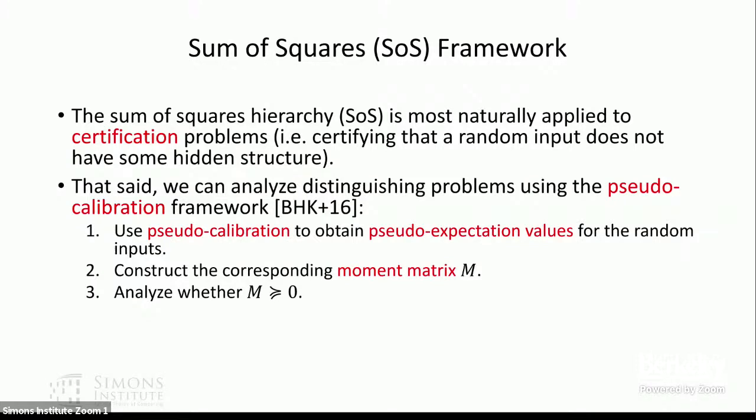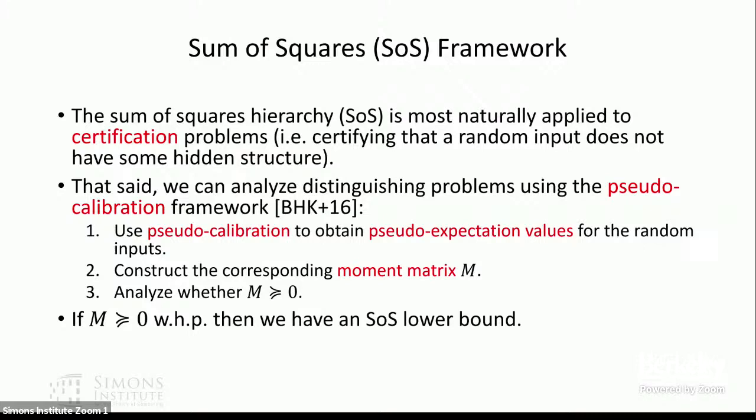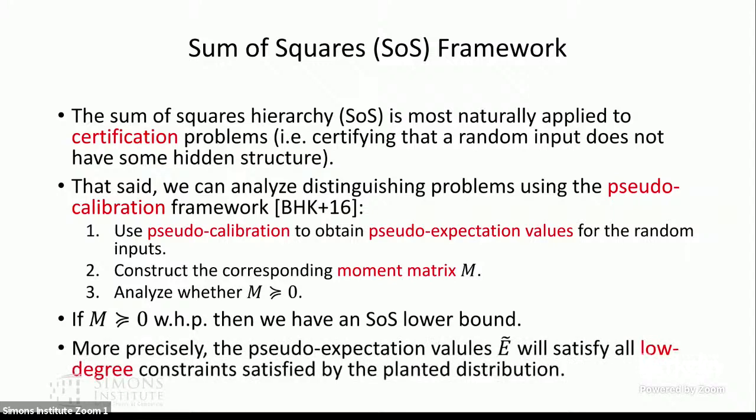And then we construct the corresponding moment matrix, and then we analyze whether this moment matrix is PSD. And if it's PSD with high probability, then we have a sum of squares lower bound. Actually, more precisely, the pseudo-expectation values will satisfy all low degree constraints satisfied by the planted distribution.